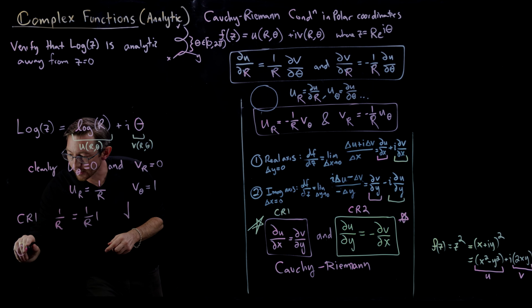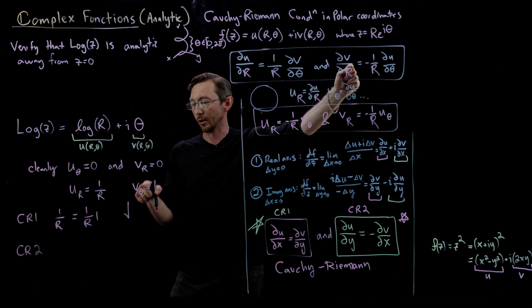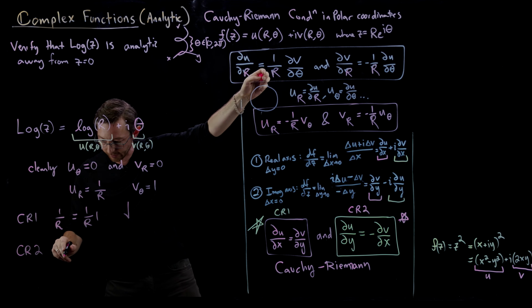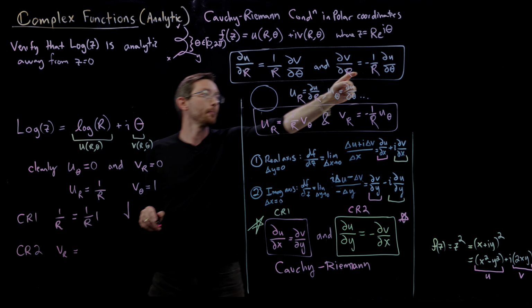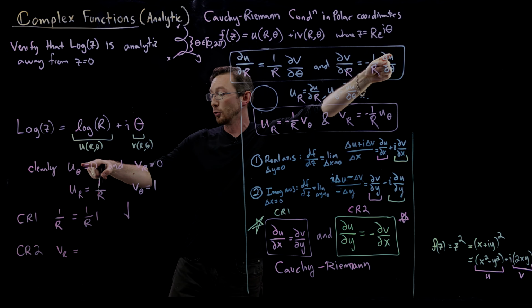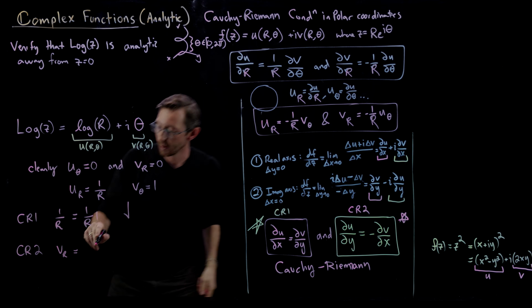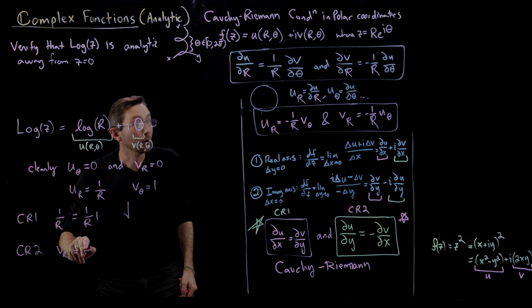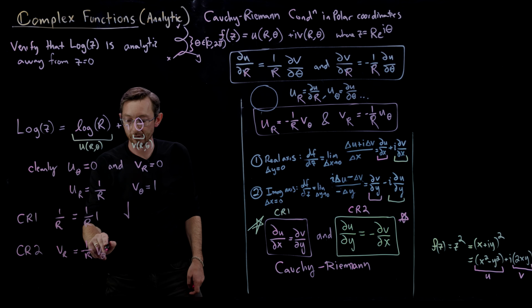And then Cauchy-Riemann 2, partial v partial r equals minus 1 over r partial u partial theta. 0 equals 0, also true. This is also true because those are both 0.